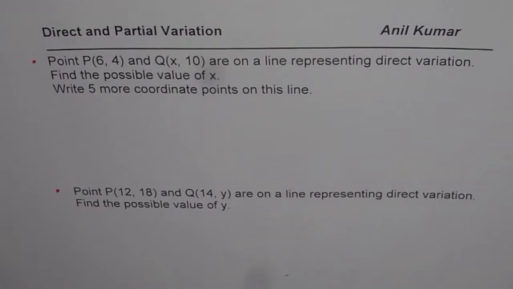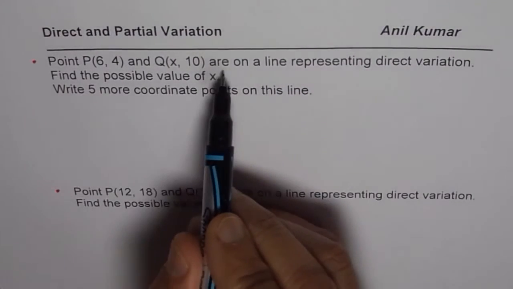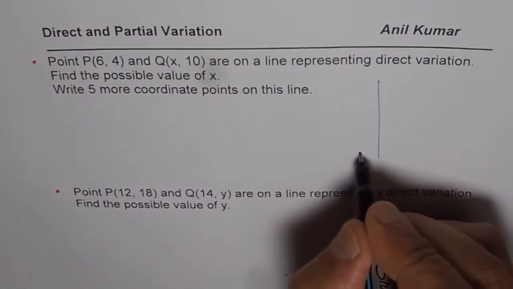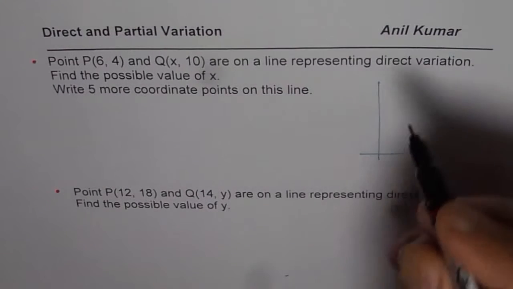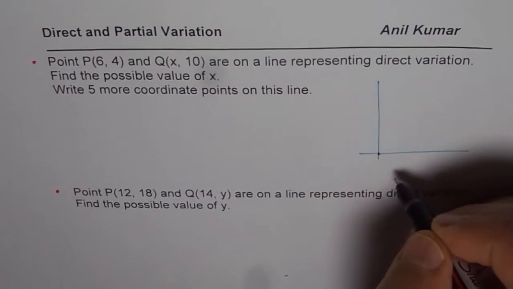Now let's try to understand how to solve direct variation questions. It says points P and Q are on a line representing direct variation. That really means that the line which represents direct variation has to go through the origin. So the origin is definitely a point.